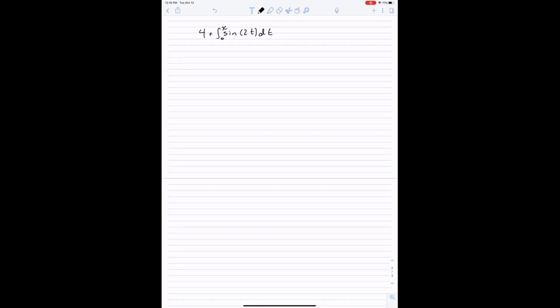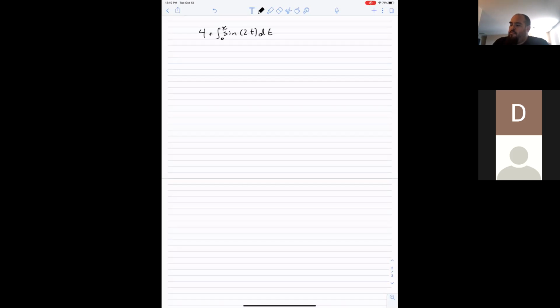All right, how do we start this one off? Is this chain rule? Yep, we're going to use chain rule here. So what tipped you off that we need to use chain rule for this? There's an equation wrapped inside of the sine function. Yeah, so we have an inner function here.